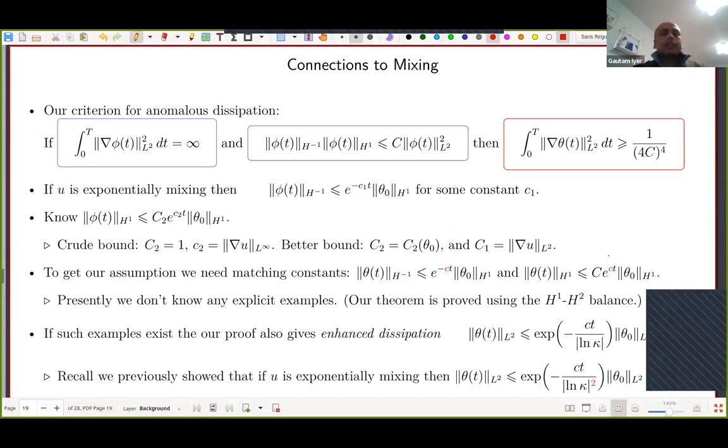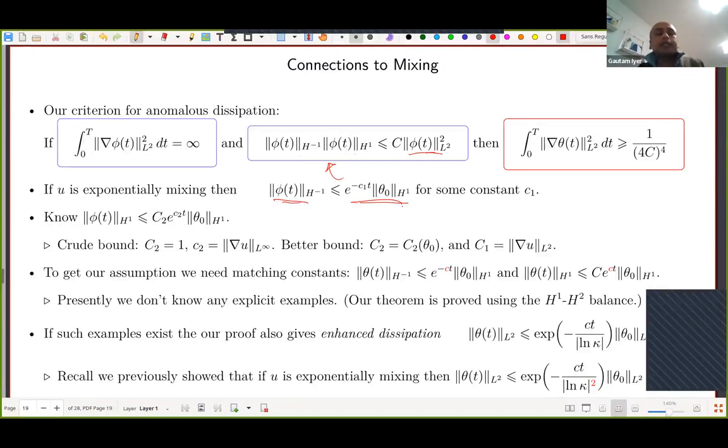Our condition for anomalous dissipation was this reverse interpolation inequality: the H minus 1 norm times the H plus 1 norm is bounded above by the L2 norm square. Now, if u was exponentially mixing, then I know that the H minus 1 norm decays exponentially, like e to the minus some constant times t.